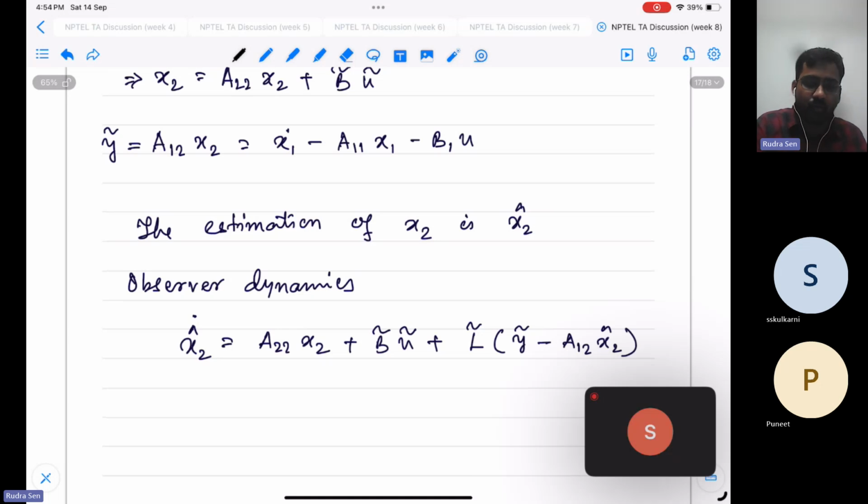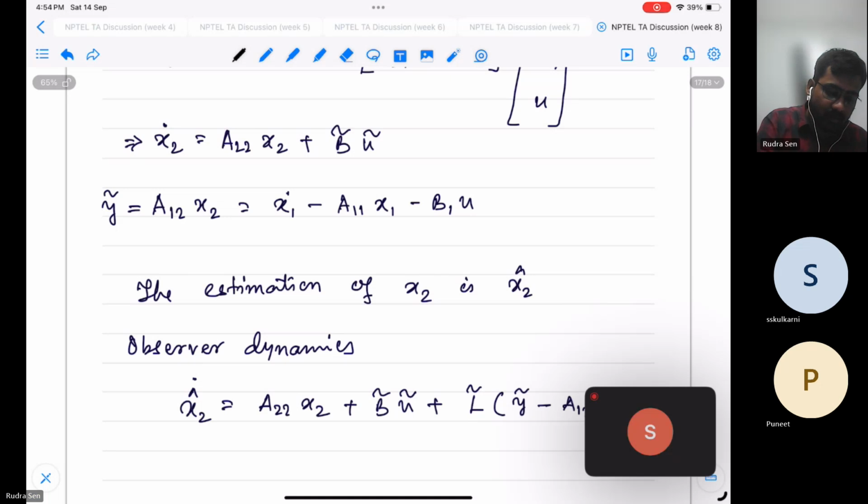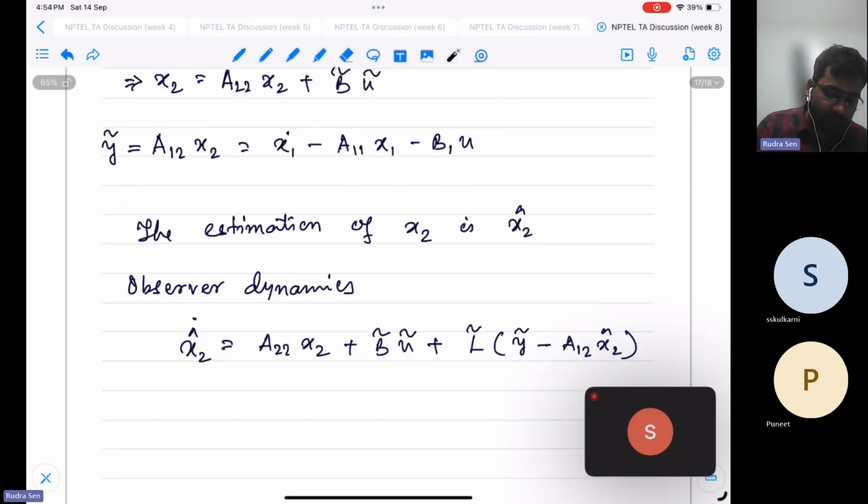This is the dynamics equation, and this is the output equation.